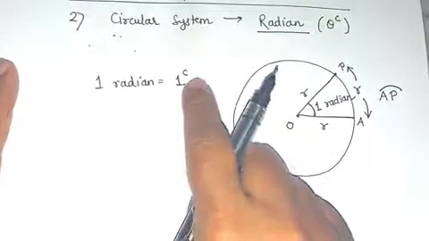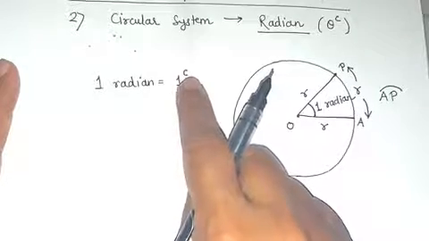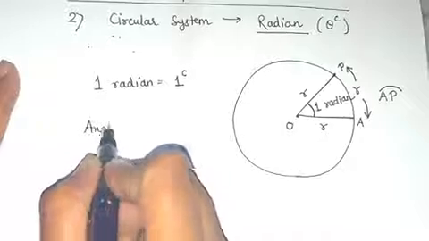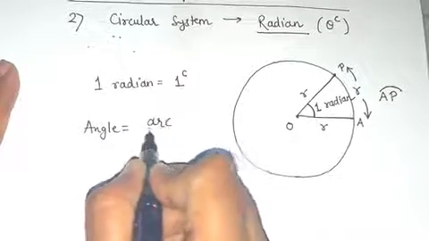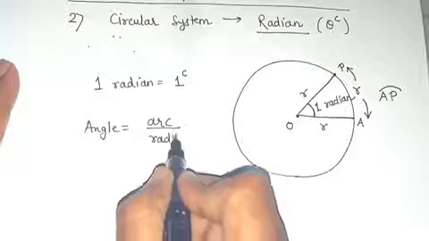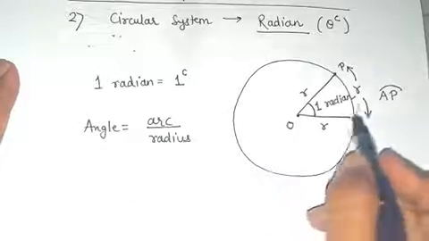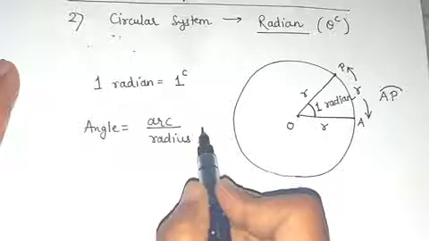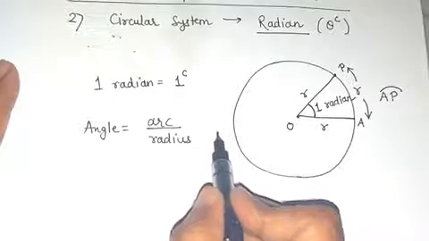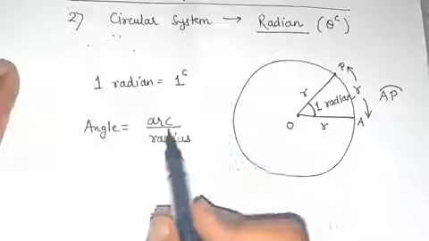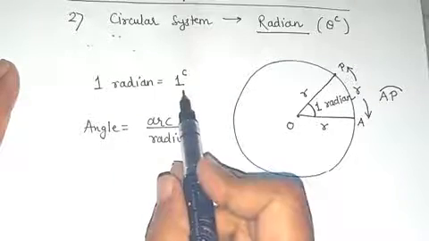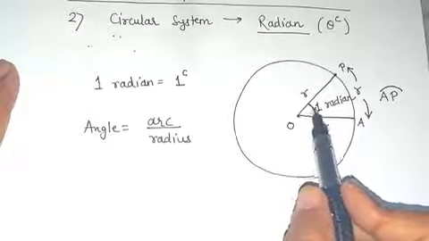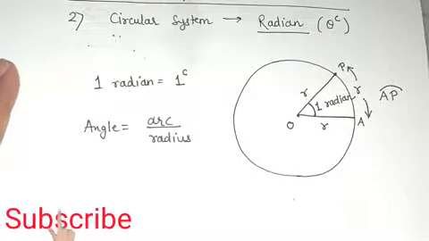So this small c over 1 is the symbol for radian, and by the definition of an angle, since angle equals arc divided by radius, arc is R as well as radius is R, so this ratio will be a pure ratio 1 in radian system. So it is not only written as 1 but 1 radian. Hence the angle subtended at the center will be 1 radian.